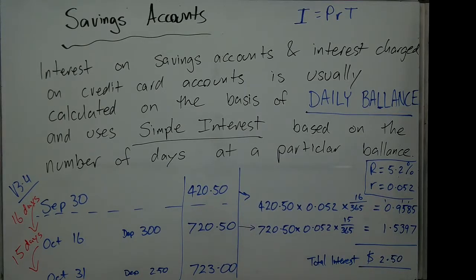So the important thing to understand is every time there's a balance change, we count how many days at that balance. So that's how many days, that's the balance. When it changes, we have to do another calculation. Sometimes there could be more than 2 of these. Okay, so I'm going to rub all this out and we'll do another example.